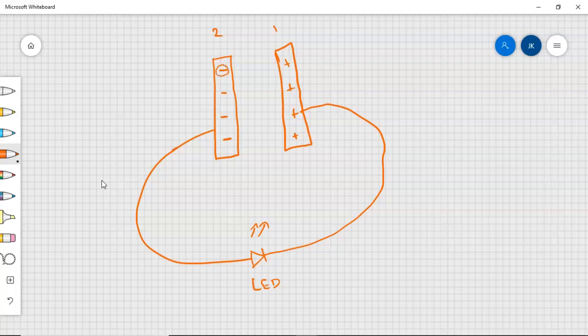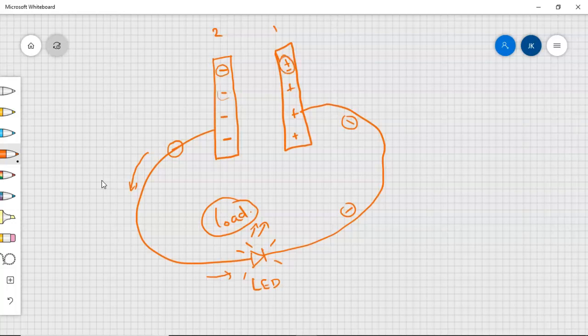This negatively charged particle flows through the load, so the LED lights and neutralizes the charge.